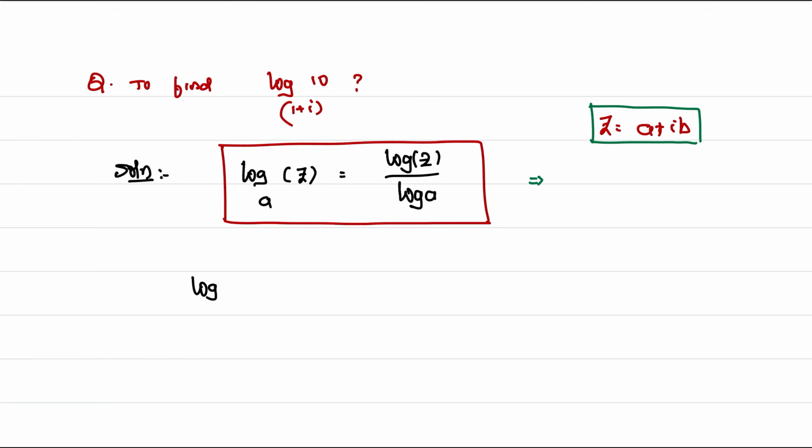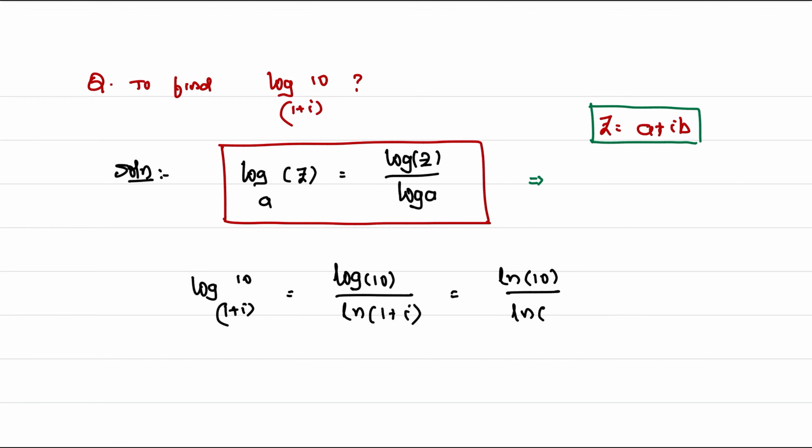log 10 to the base 1 plus i is equal to log 10 by log 1 plus i. When you take natural logarithms, ln 10 by ln 1 plus i. This is from this formula.